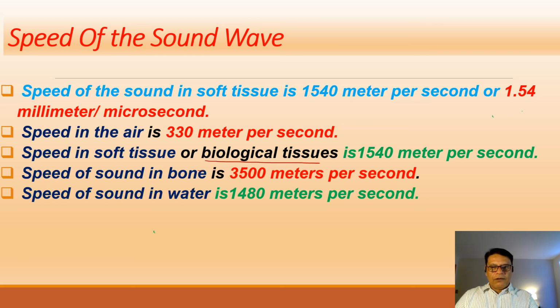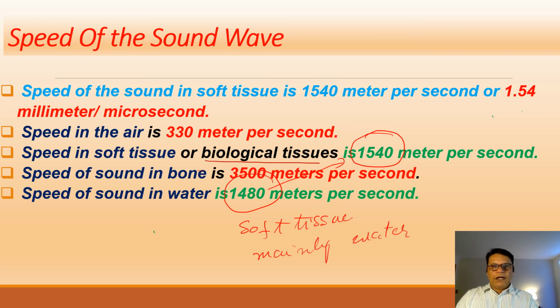You can see that this number is close to this number, which is the speed in soft tissue, and this is the speed in water. Why are they very close? Because soft tissues are mainly water. That is why the speed in water is almost equal to the speed in soft tissue.